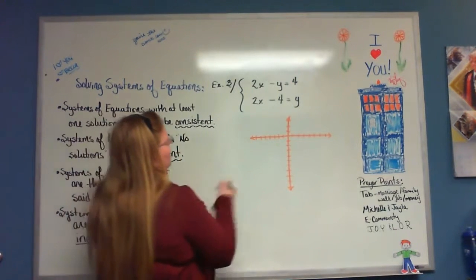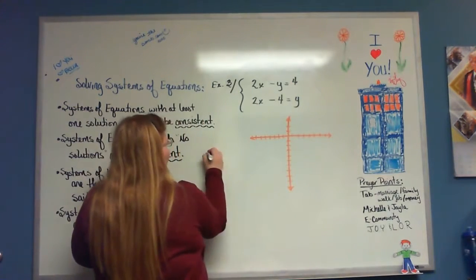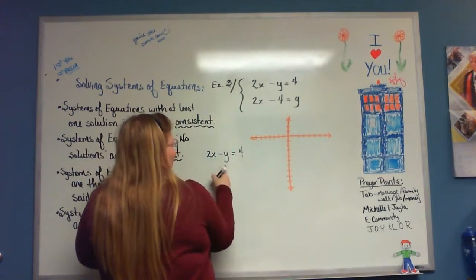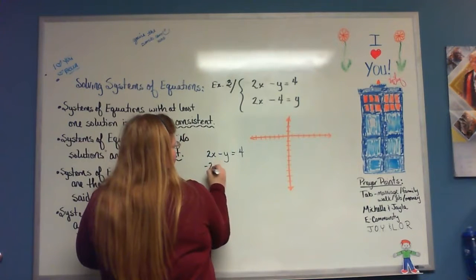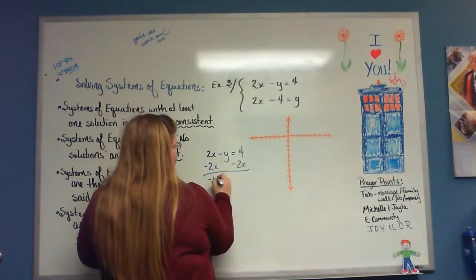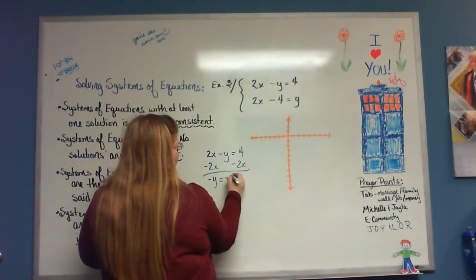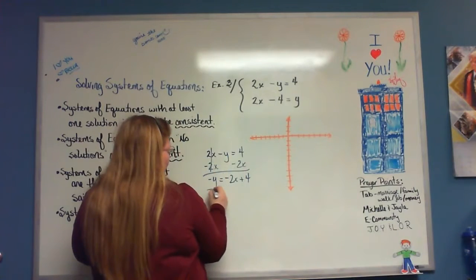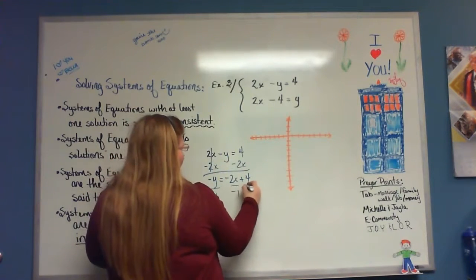Okay, let's do the 2x minus y one first. Got to get the y by itself, so I'm going to subtract 2x from both sides. So negative y equals negative 2x plus 4. Divide everything by negative 1.